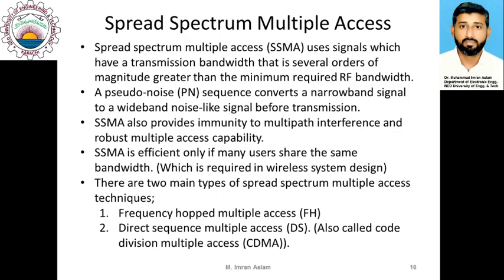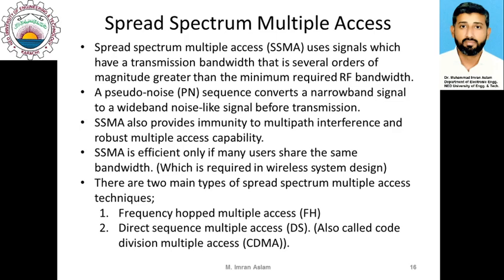Generally this spread spectrum system is not very efficient when we have fewer users. For a single user or a few users, it is a wastage of resources because we need a larger amount of bandwidth for transmission. However, this technique becomes efficient when many users share the same bandwidth, and this is exactly what we need in wireless systems.